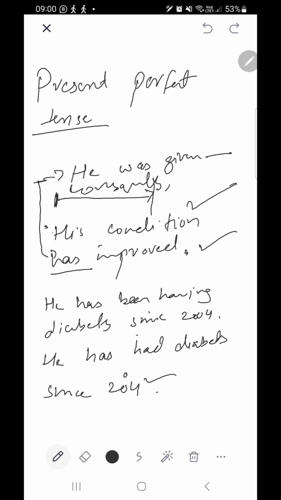Is it clear to you? So there are some rules for the present perfect tense: when to use since, when to use for, and when to use hours. So let's say I just have given an example.